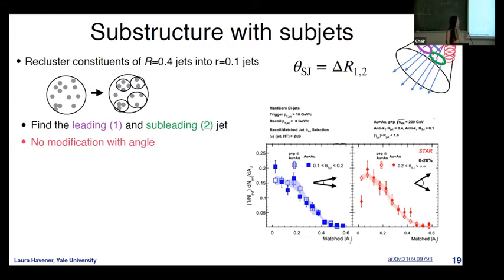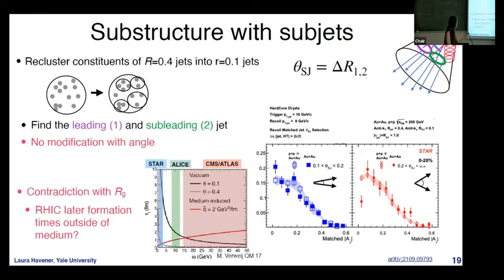In both cases the asymmetry was balanced, indicating that they weren't really seeing a modification with the angle. You might think this is inconsistent with what we saw at the LHC, but we should keep in mind the point that Marta made at Quark Matter in 2017, that RHIC could be accessing later formation times that could have been happening outside of the medium.